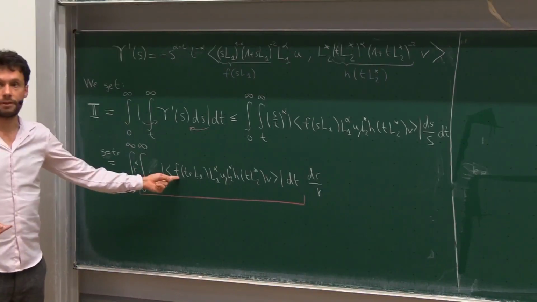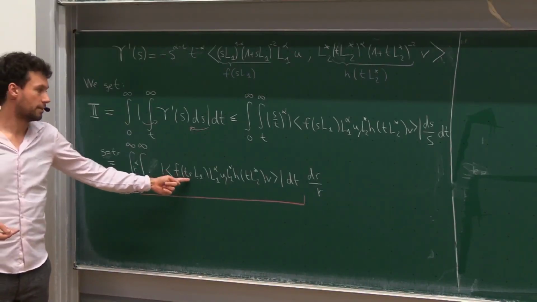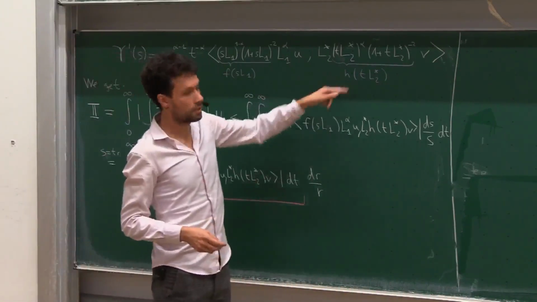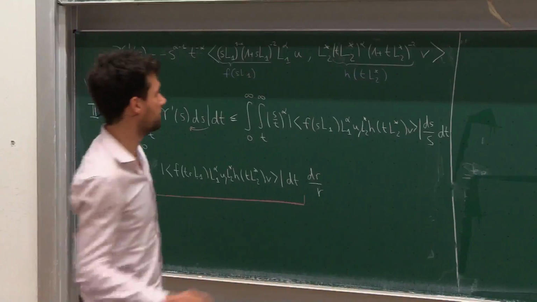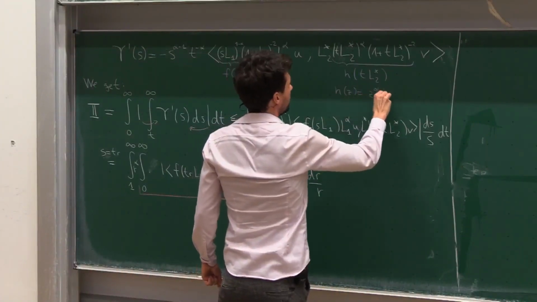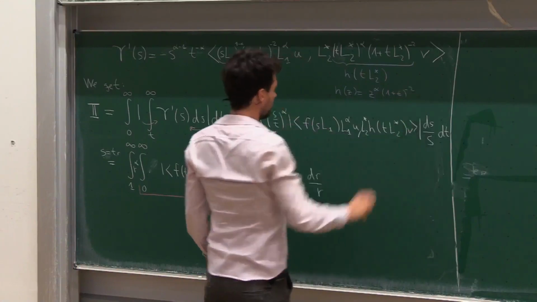F is an auxiliary function, and it's already in the right homogeneity. Now H was this function, so I can write it down. H of Z would be Z to the alpha, 1 plus Z to the minus 2.